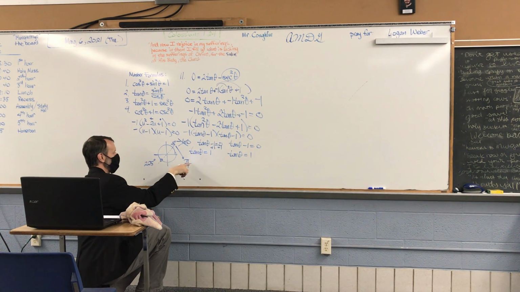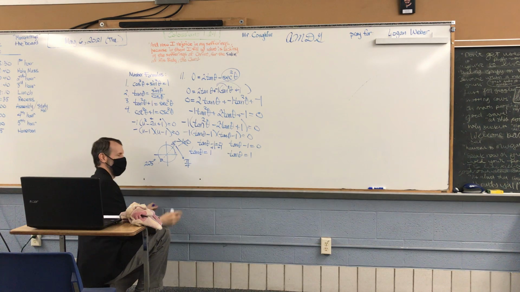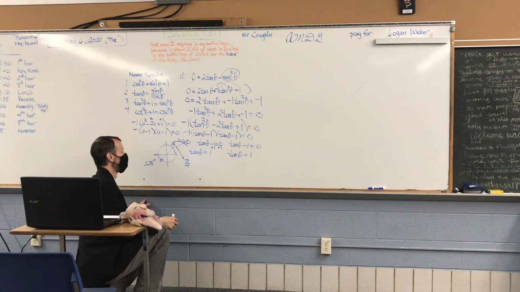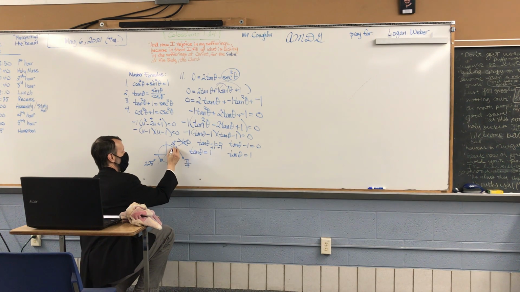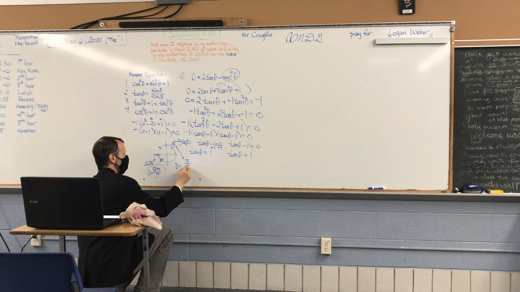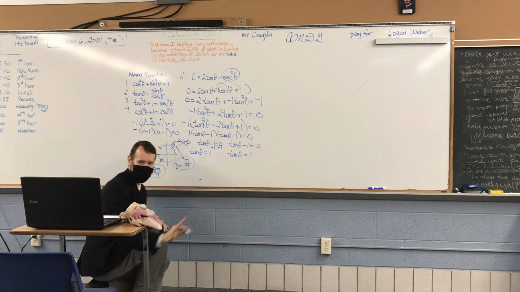How many 45s go into 225? 1, 2, 3, 4, 5. So what would this be? 5 pi over 4. So your two solutions are theta is 5 pi over 4, and theta is pi over 4, and that's all she wrote.